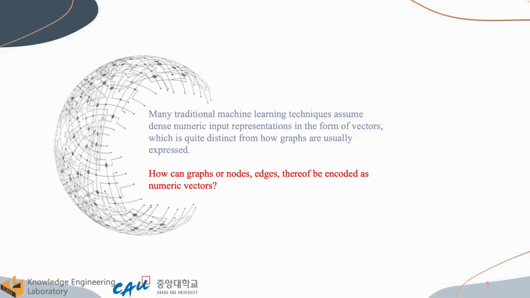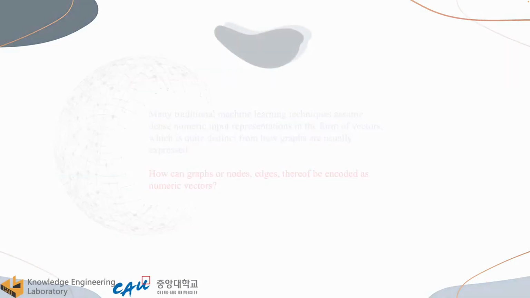There are many traditional machine learning techniques that use dense numeric input representations in the form of vectors, which is quite distinct from how graphs are usually expressed. But how can graphs, or nodes and edges thereof, be encoded as numeric vectors?